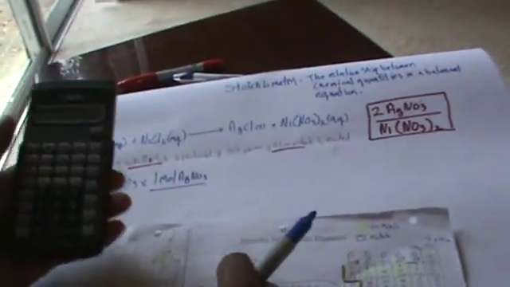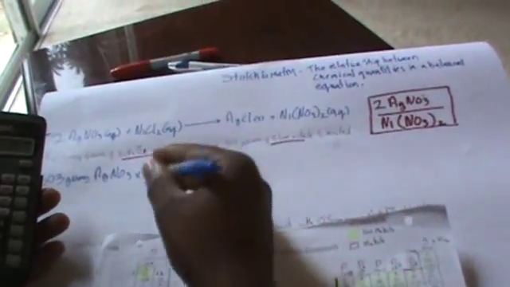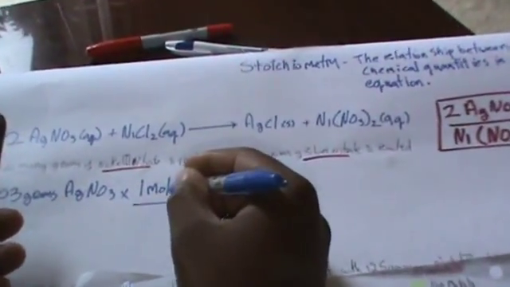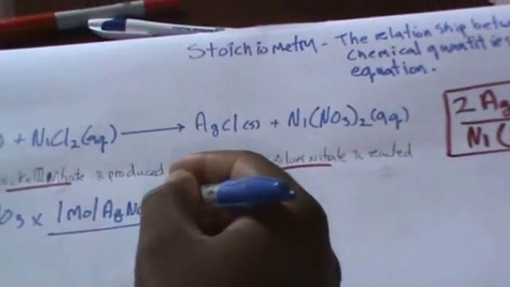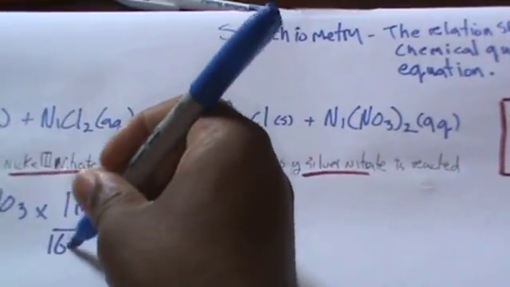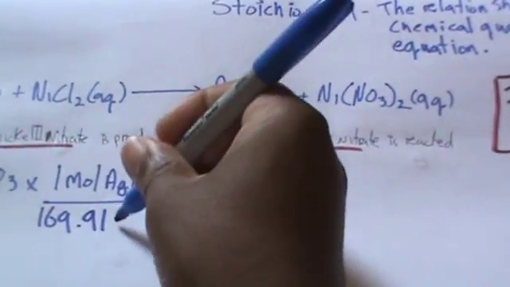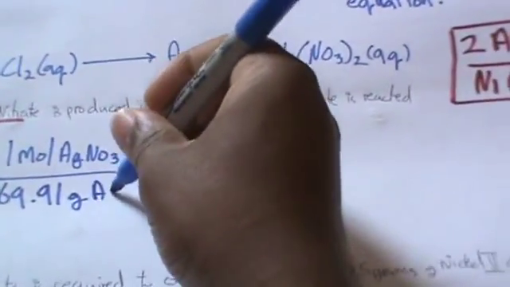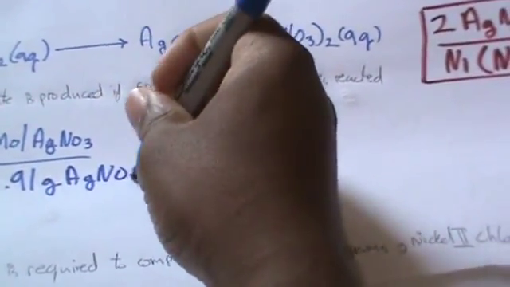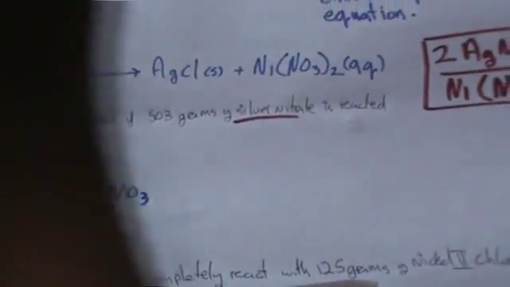So that's it right there. Every mole of this compound, AgNO3, is equal to 169.91 grams of AgNO3.